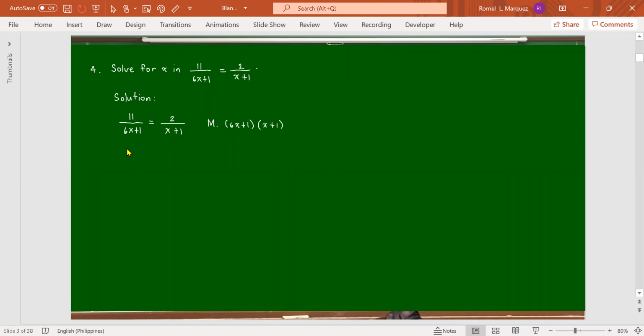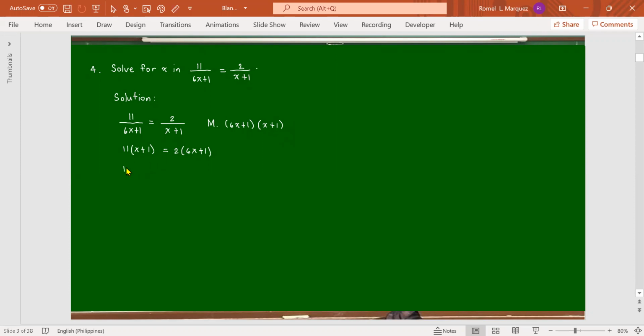On the left side, we have 11 times x plus 1. So 6x plus 1 is cancelled. On the right side, we have 2 times 6x plus 1. So this time, x plus 1 is the one that is cancelled.